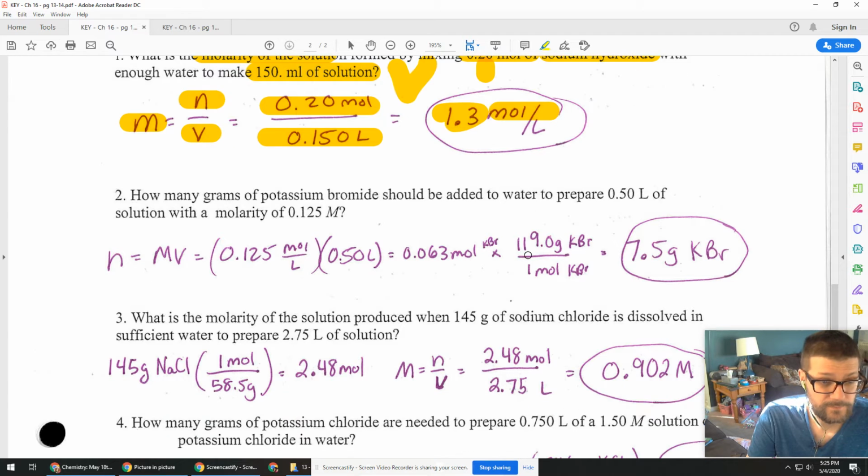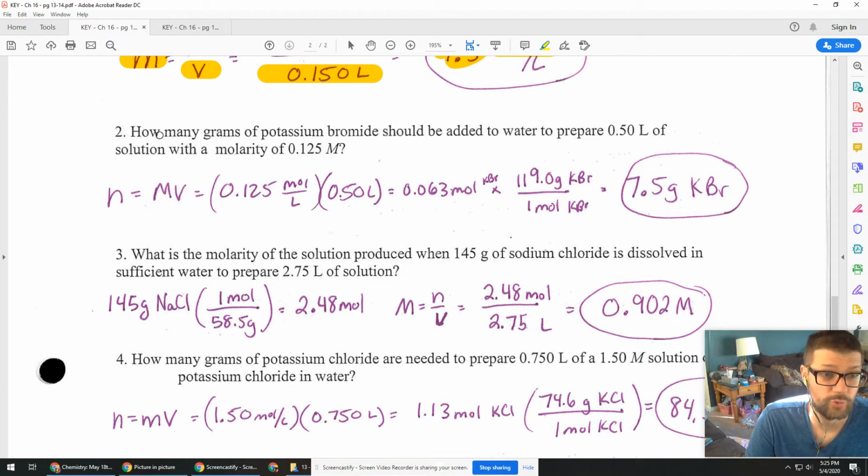Pretty straightforward. We can also instead talk about grams. How many grams of potassium bromide should be added to water to prepare 0.5 liters of a solution with 0.125 molarity? So we're going to rearrange the equation to solve for n because it wants to know grams, which is related to the number of moles.